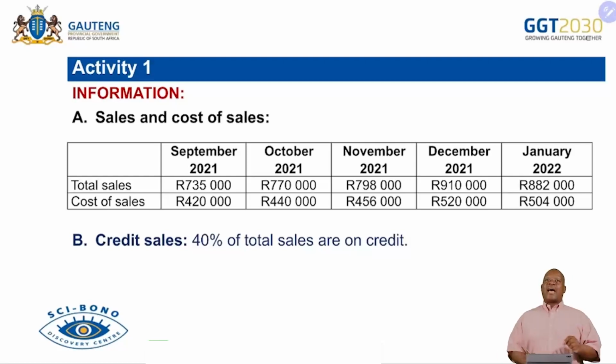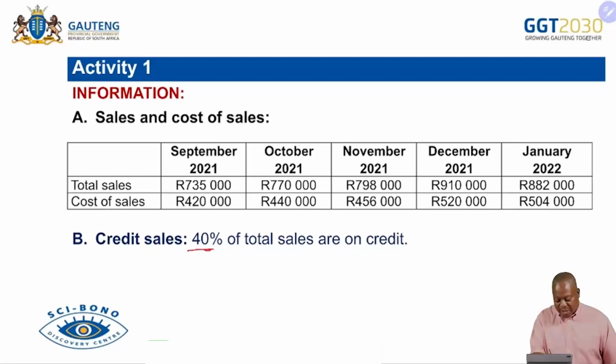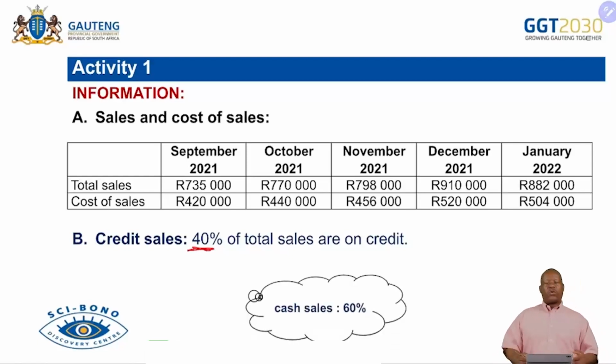But at the same time, we are also interested in cash sales. So if they are saying credit sales amounts to 40%, they're not saying it, but we already know cash sales amounts to 60%. Very important. You must be in a position to know that.